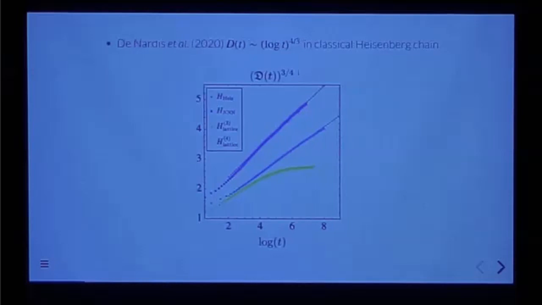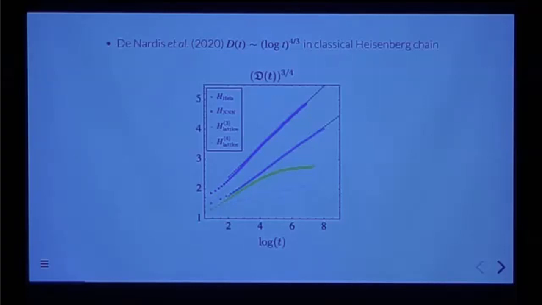Now, when you dispense with integrability, things are probably not so clear yet. There's a paper here from last year about the classical Heisenberg chain. Unlike the continuum Heisenberg model, which has the Landau-Lifshitz equation as its equation of motion, just taking the Heisenberg lattice and taking those spins to be classical spins gives you a non-integrable model.